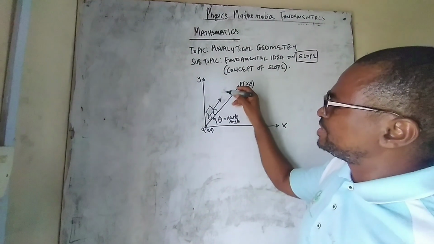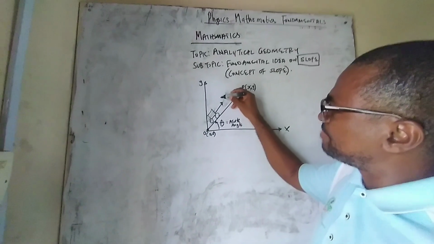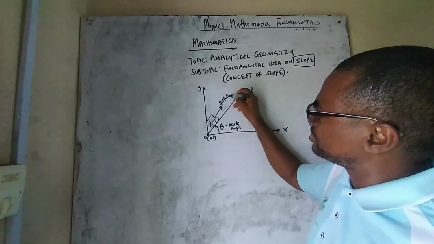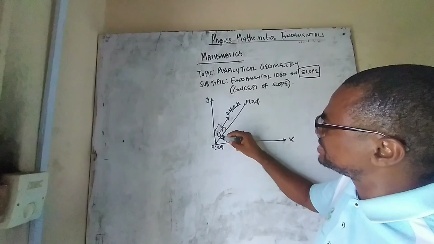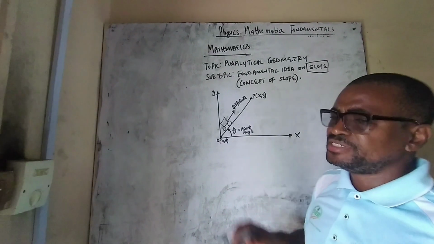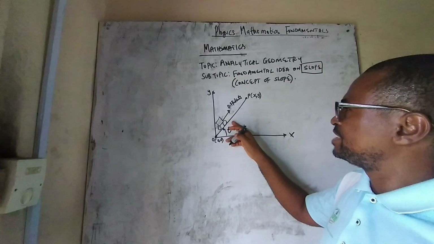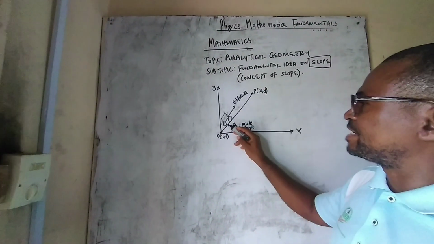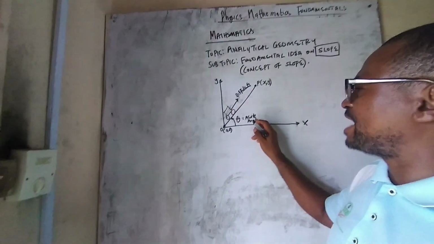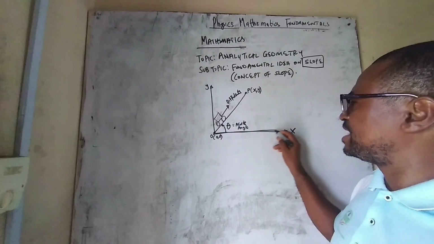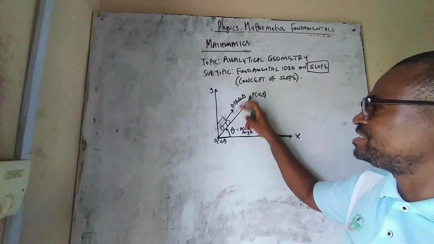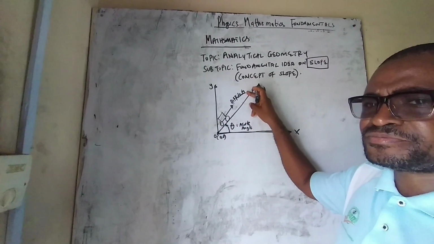You know that it will experience an amount of difficulty in climbing this line. So when we think about the degree of difficulty in climbing a line inclined at an acute angle to the horizontal line, that measurement of the degree of difficulty is called a slope.